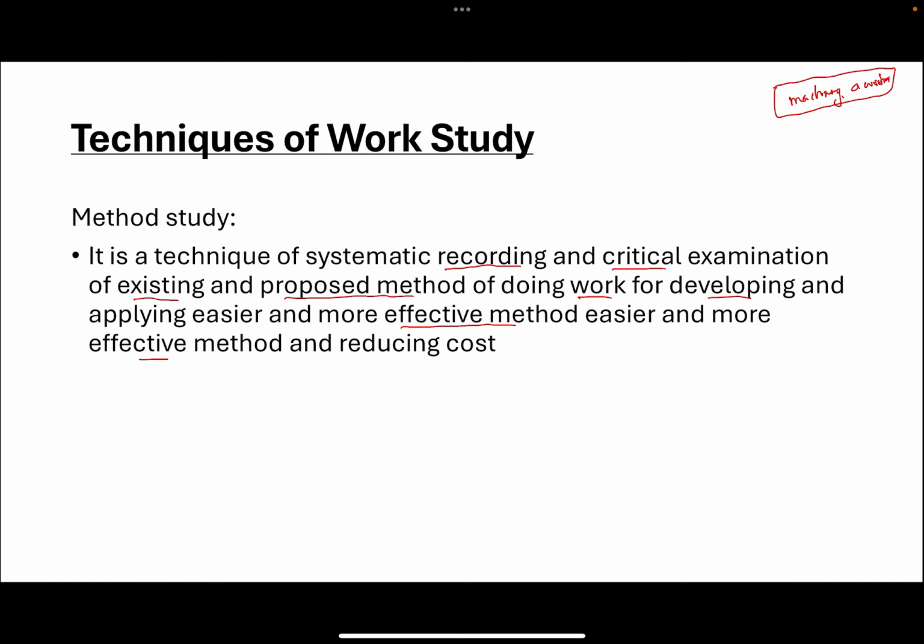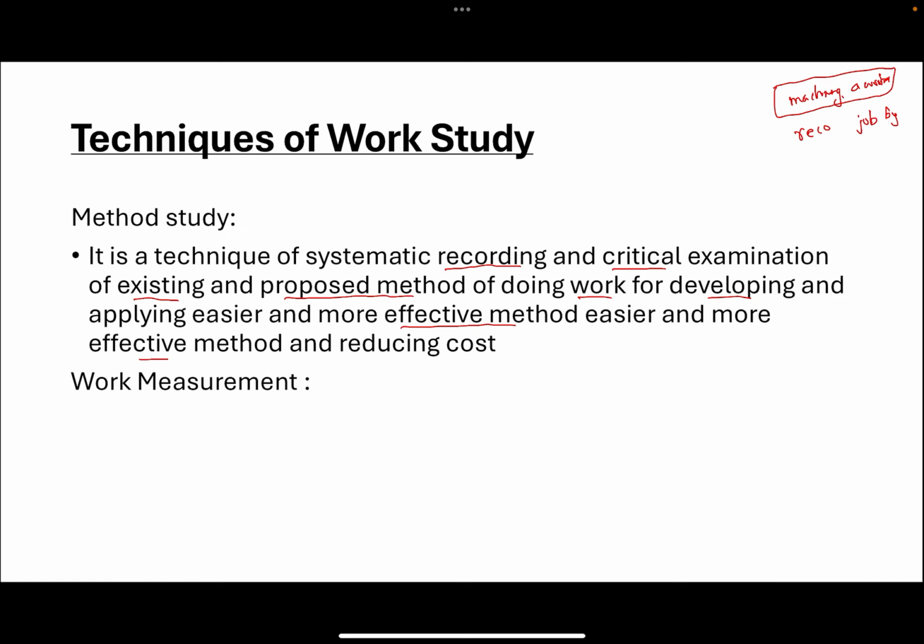In order to find the best method, we need to record how the job is done by that particular worker. Then we will critically examine it. Then we will suggest some modifications so that the job can be done much more easily, with less fatigue and reduced time. So this is basically method study.